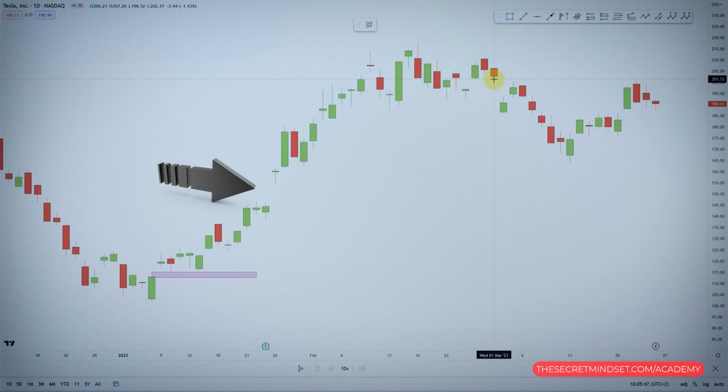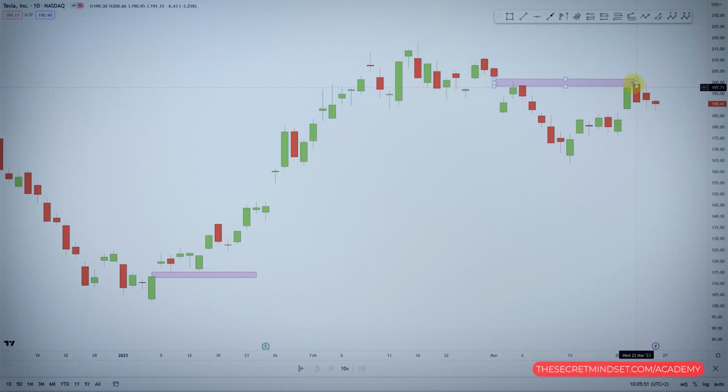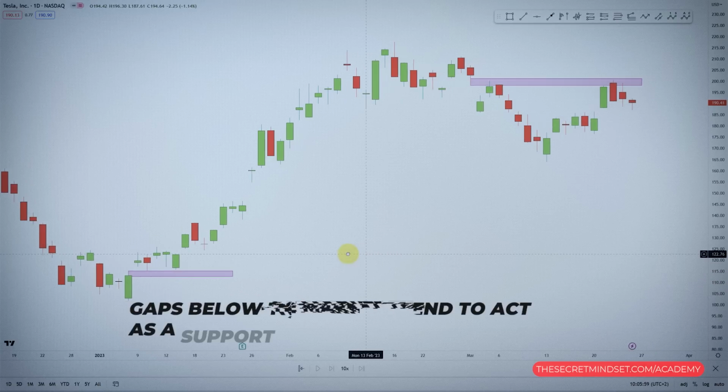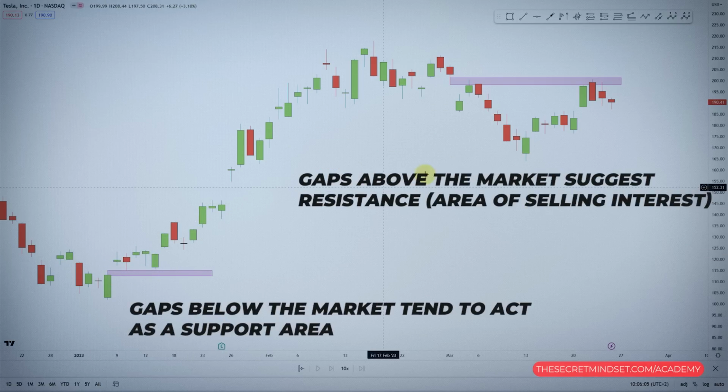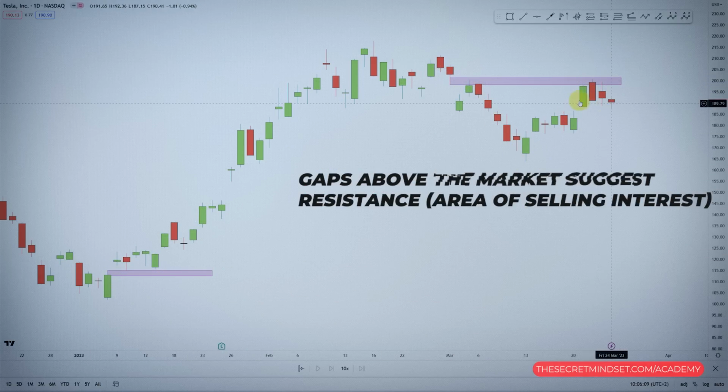Normally, this occurs between the close of the market on one day and the next day's open. This space between 2 consecutive days' price ranges has various degrees of significance. Generally, gaps below the market tend to act as a support area, and gaps above the market suggest resistance and an area where there will be selling interest.